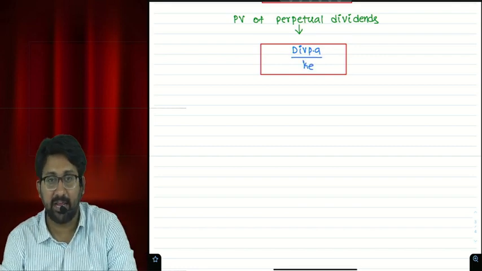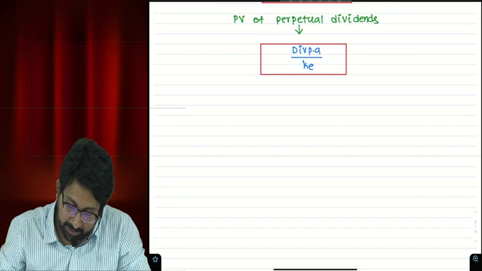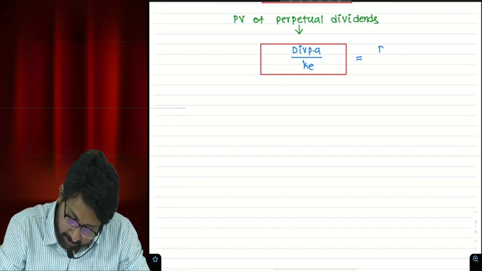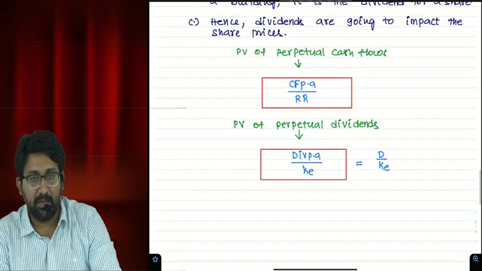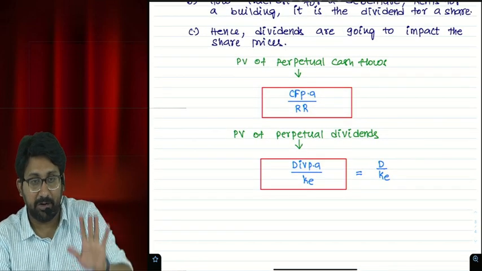We call it KE. Simply, instead of writing like this, people write this as D by KE. D by KE will be the present value of perpetual dividend.